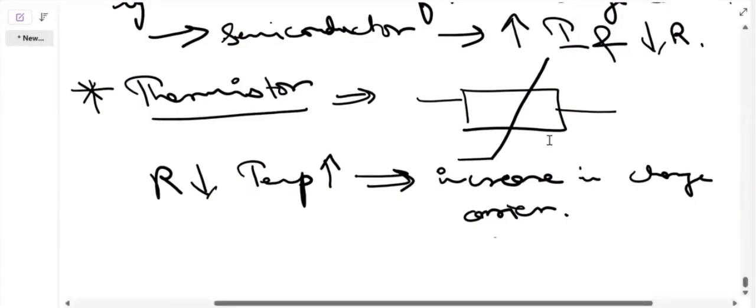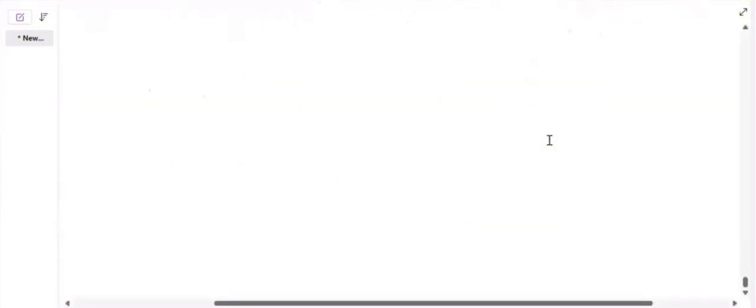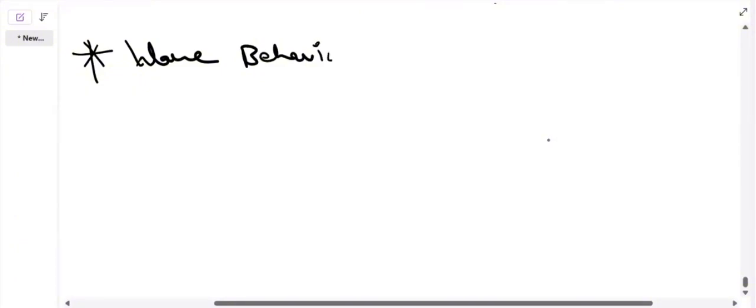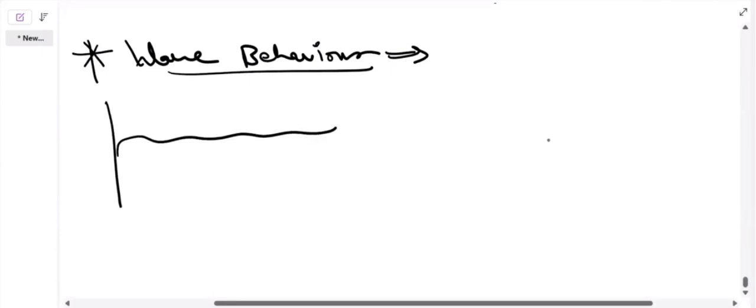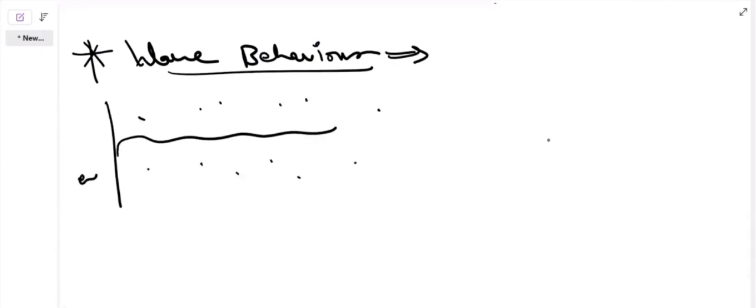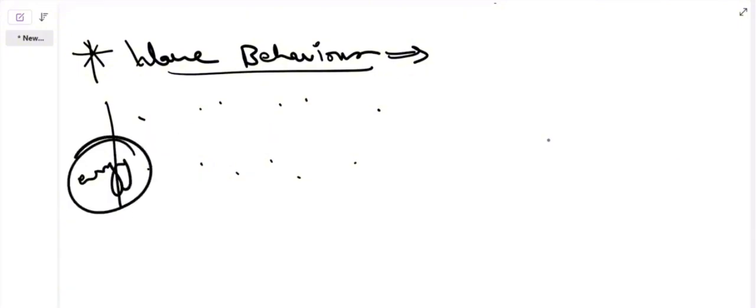Now after this, we are having a new topic, and that is wave behavior. Now please focus, what is wave behavior? A wave is nothing but a disturbance in the medium. Suppose I am having the particles and you are supplying some energy in the medium. It will create a wave.